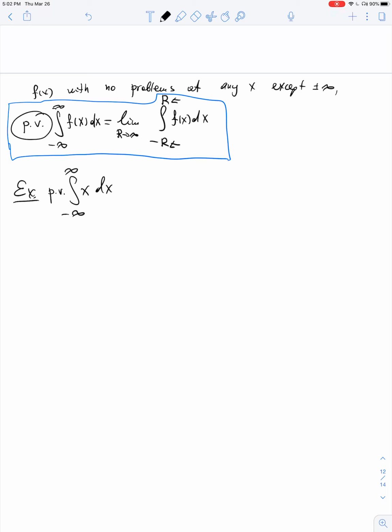As you hopefully remember from Calc 2, this integral has no way to converge in the regular sense. So this integral without the PV diverges badly, because if there are two problems with minus and plus infinity, then we should split it in two like this.